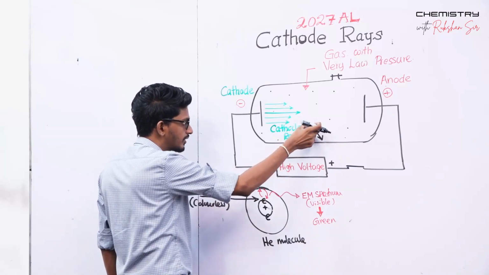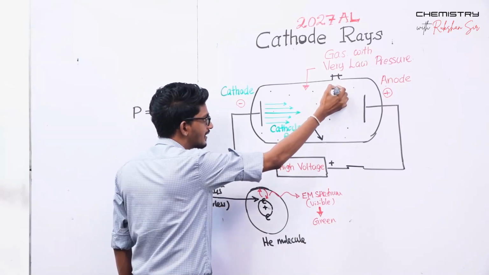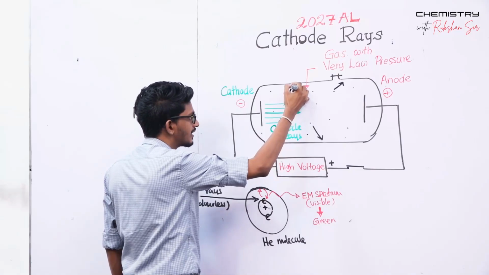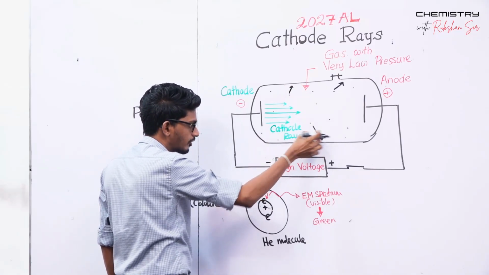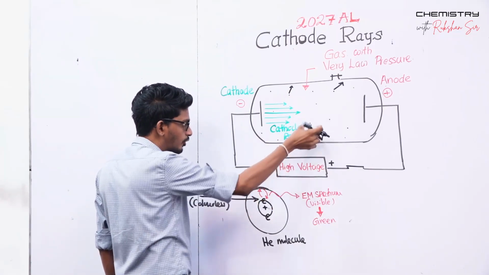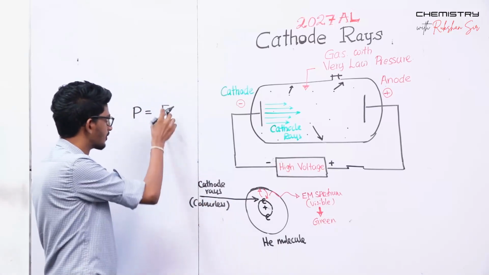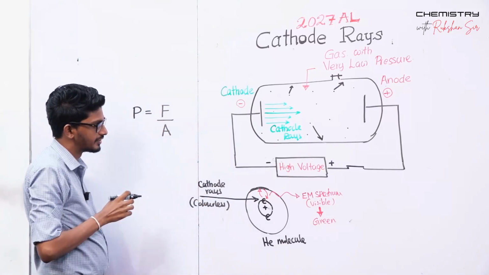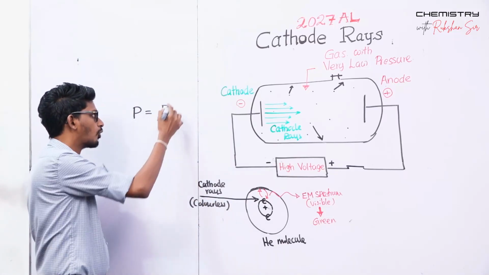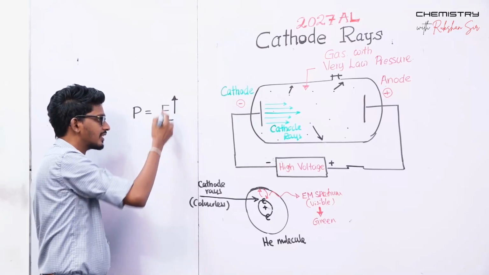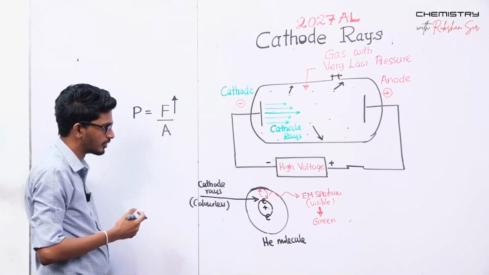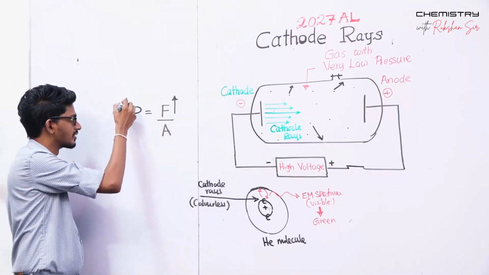When the gas molecules, which are moving here and there, collide with the walls of your tube, they exert some force on those walls. When you exert more force by these gas molecules, you come up with a greater pressure.